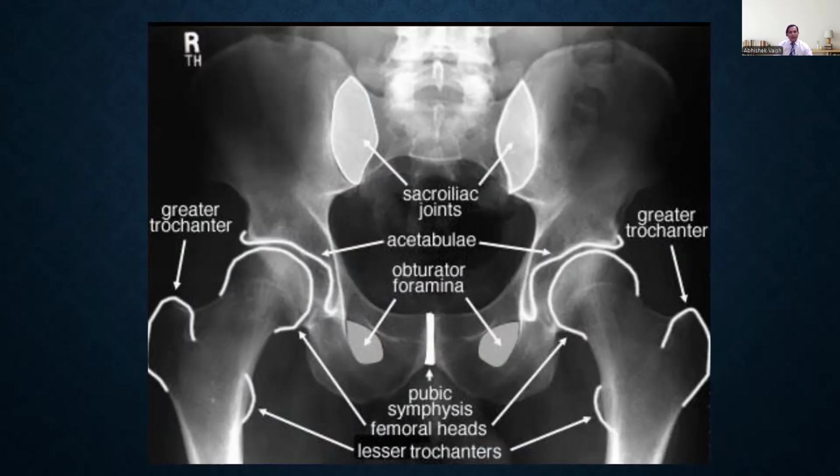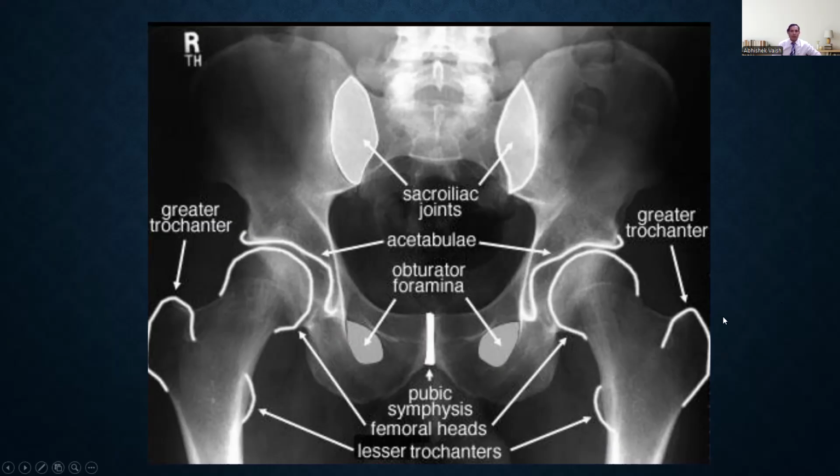Again, this is the normal X-ray of a pelvis, with both hips, anteroposterior view. This is the ideal X-ray, and you should be able to see all these things. You should be able to see the femoral head on both sides. The lesser trochanter should be just visible. If it is too much visible, then the limb positioning is in external rotation, and it's not a good X-ray.